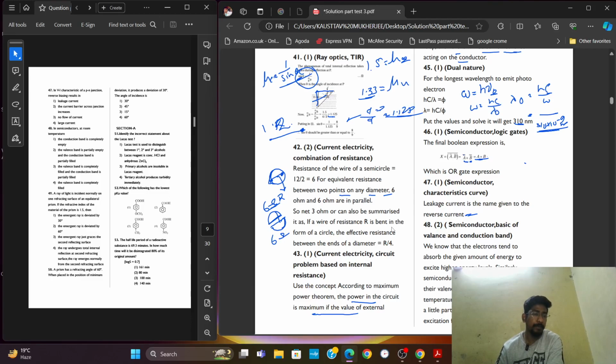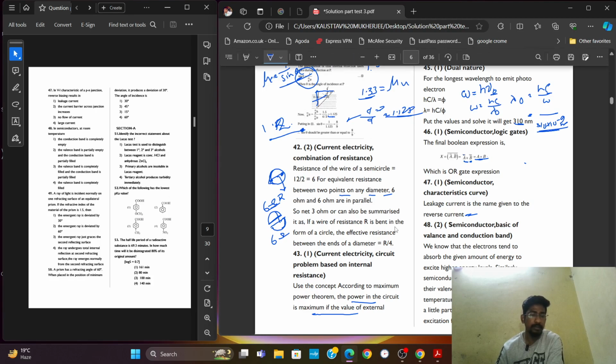Question number 14. In a semiconductor at room temperature, the conduction band and valence band. In case of a conductor, they overlap, but in case of a semiconductor the value of Eg is lesser than 3 electron volt, right?